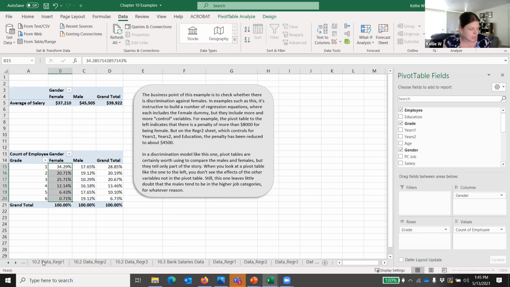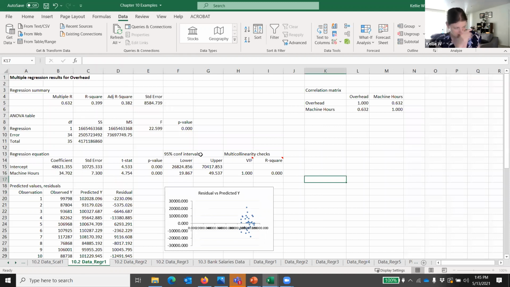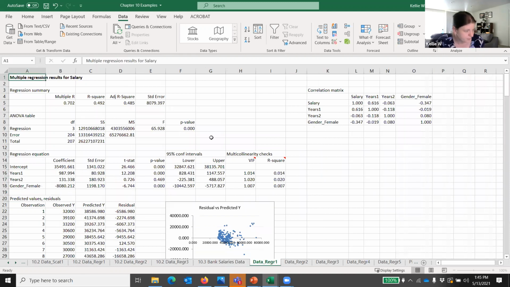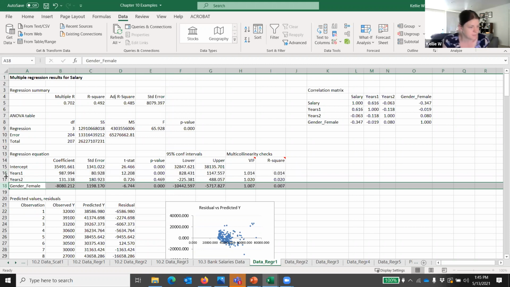Okay, so let's run some regression. In this first attempt, they're going to compare years of experience with the bank, years of experience at the prior bank, and look at salaries.